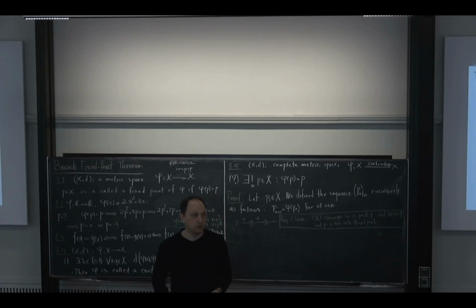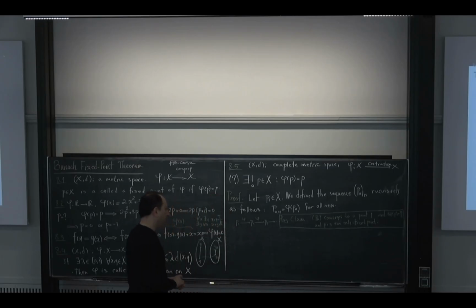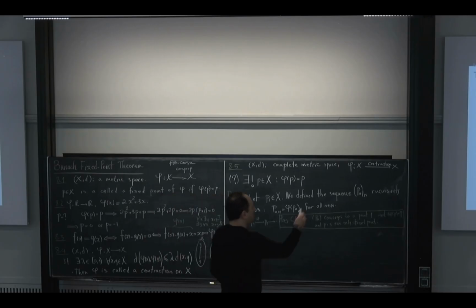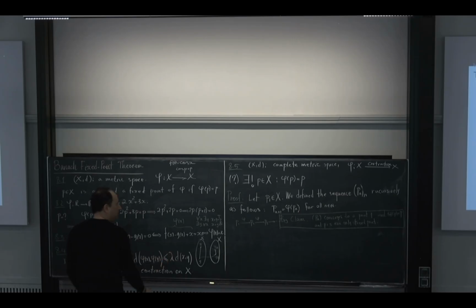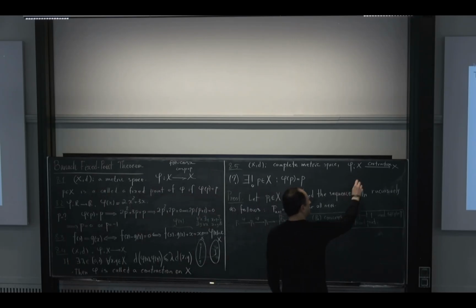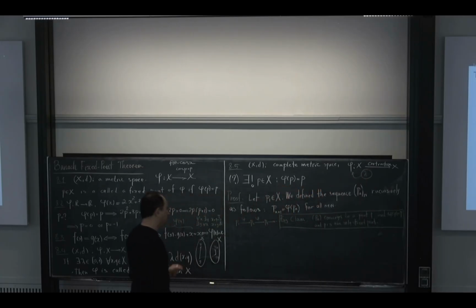And that fixed point is unique. Okay? And when I say that I have a contraction, I have a scaling factor. So if you don't mind, let me put this lambda here. So lambda is my scaling factor here.